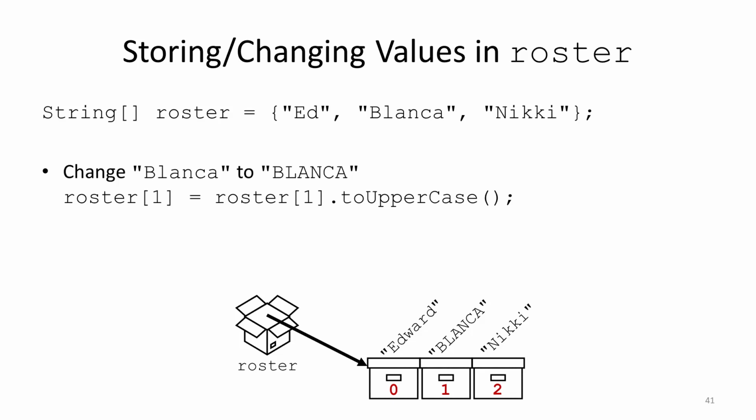So roster 1, that represents the string Blanca. And what can you do with a string? You can call the toUpperCase method. So you can say roster 1 dot toUpperCase, the toUpperCase method will return the uppercase version of itself, and we will reassign it at index 1. So that will overwrite the contents with the new value.